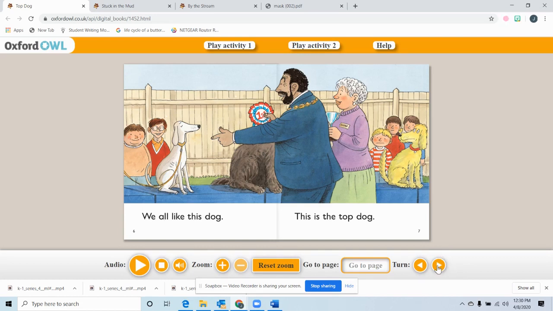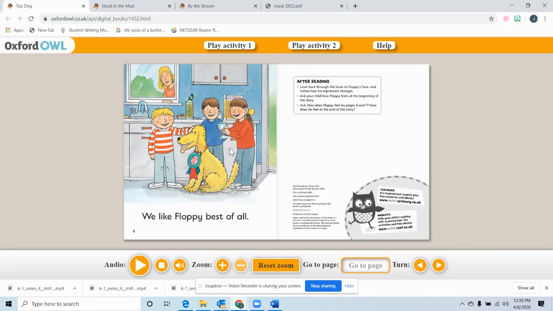So if I turn the page, looks like they're back home. Oh, and look, they made their own ribbon there that says best of all. And it looks like they got their own cup, like the dog one, top dog cup. They got their own cup, and they are wanting to make sure their dog knows that they love him, right? And that they think he's best of all.